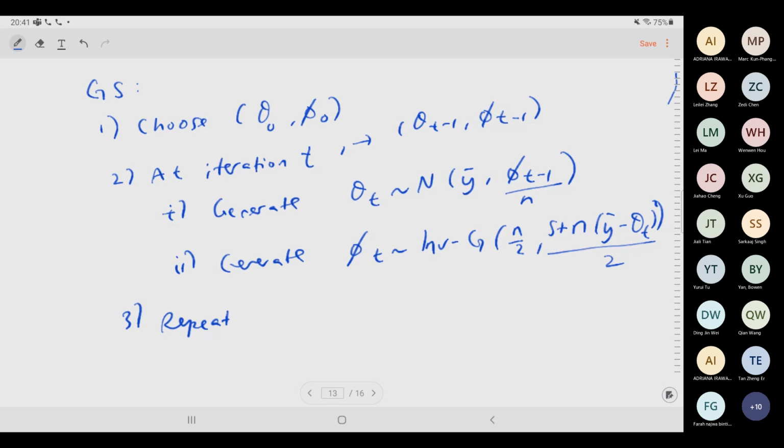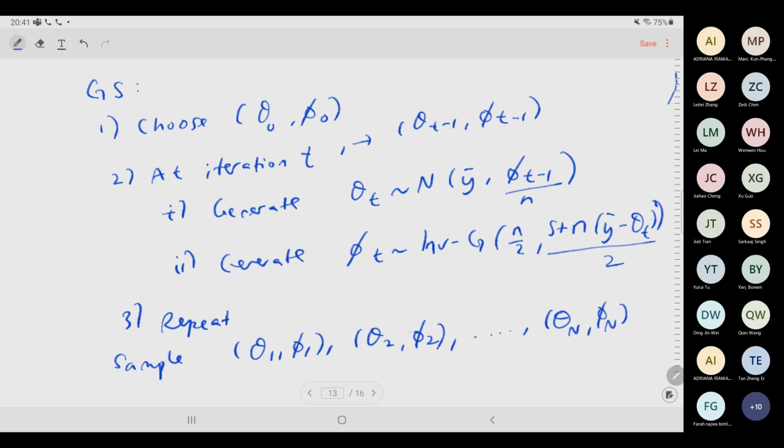If you do this Gibbs sampling, you get a sample. The sample that you will get is theta 1, phi 1, theta 2, phi 2, up to, for example, if you do n iterations, theta n, phi n.